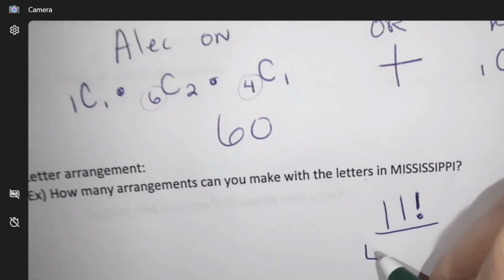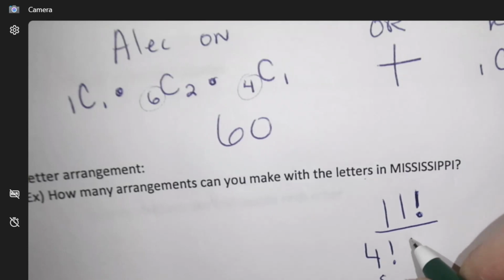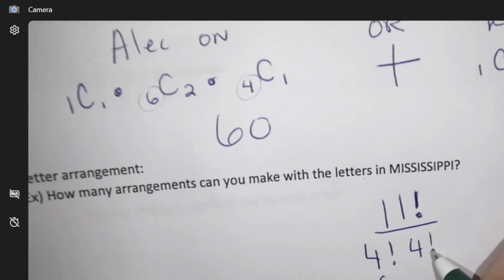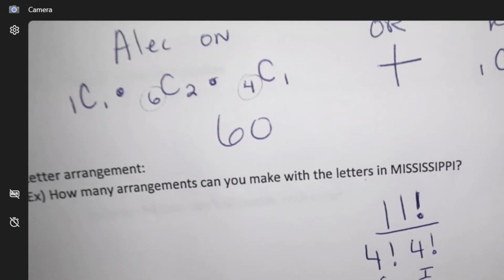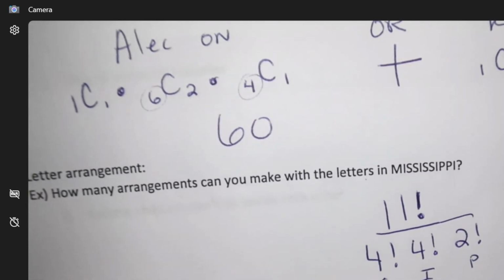So I have 4 S's. I have 4, I believe, right? I's. And I have 2 P's. Okay, so move around things, but then because there's repetition in there, we're going to cancel.